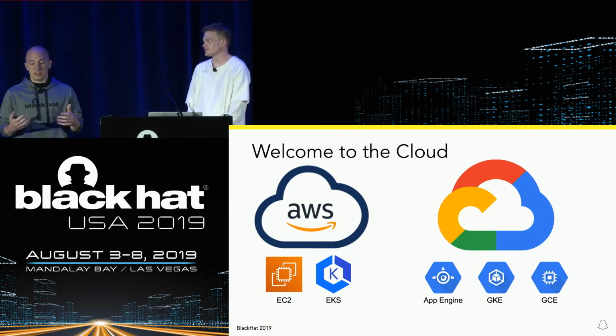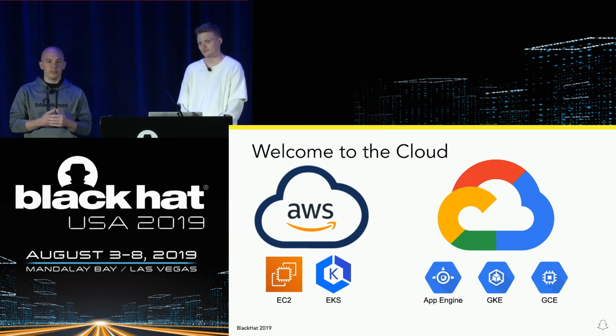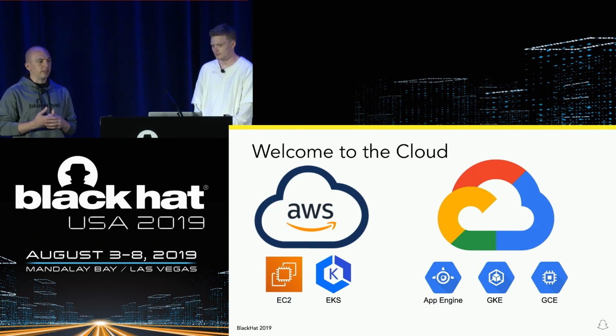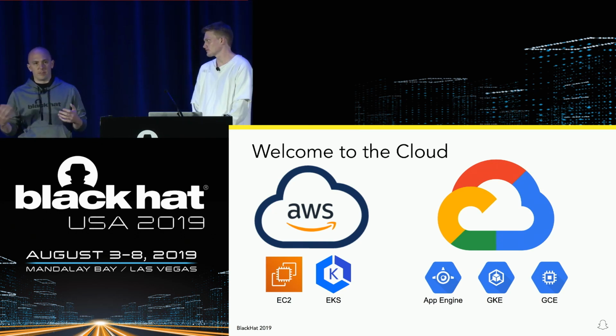Our services run on a variety of underlying compute infrastructure. AWS has EC2, EKS; GCP has App Engine, GKE, GCE. For each of these services, the cloud provides APIs to control the IAM level access.